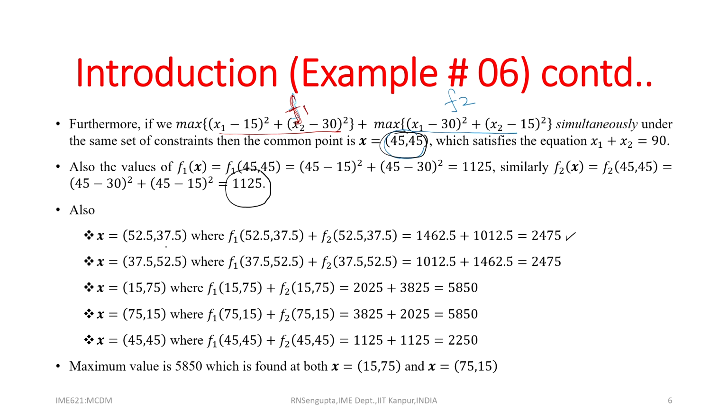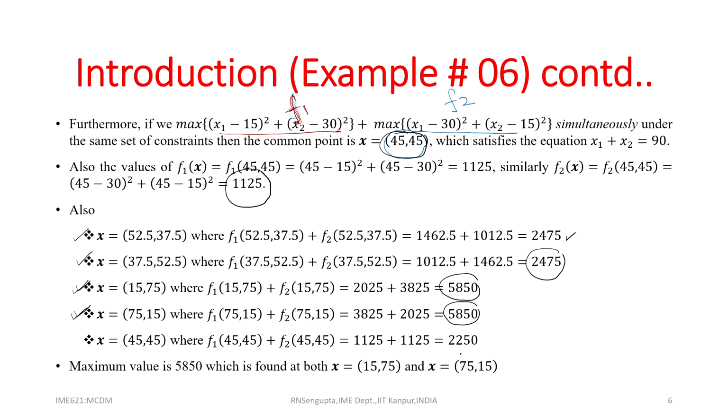Similarly, when I interchange the coordinates, for the first and the second star point, the value of f 1 plus f 2 remains the same, but the coordinates get interchanged. This is easily seen in the third and fourth star points, whose coordinates are 15, 75 and 75, 15, and the values are 5850.